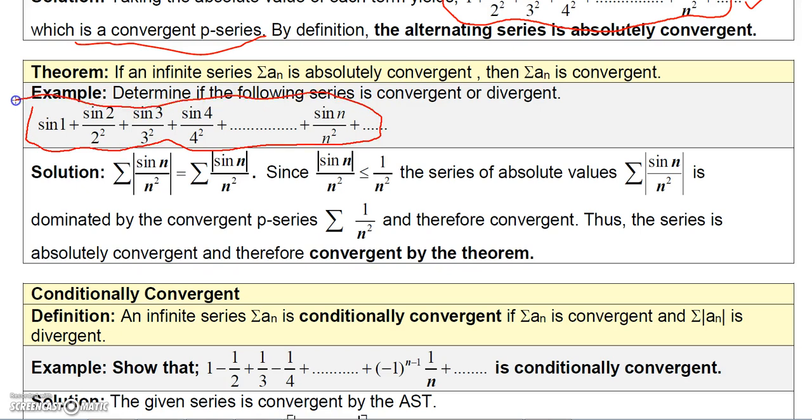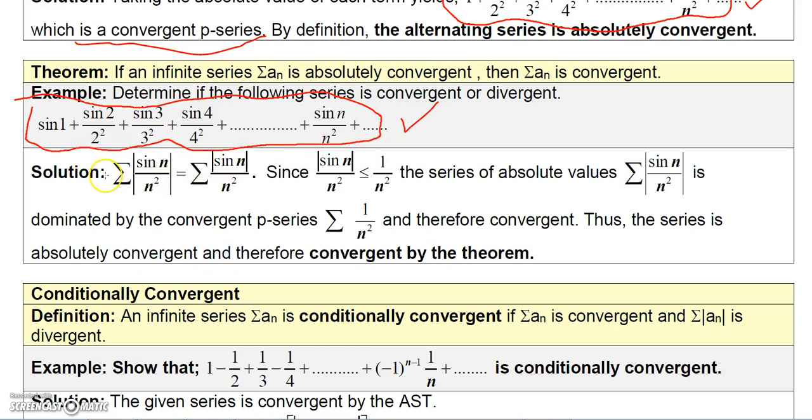The series is sine of 1 plus sine of 2 over 2 squared plus sine of 3 over 3 squared, and so forth, where the nth term is just sine of n over n squared. Now, if I can show that the series that involves the sum of the absolute value of these terms is convergent, then that would actually prove that this series itself is convergent.